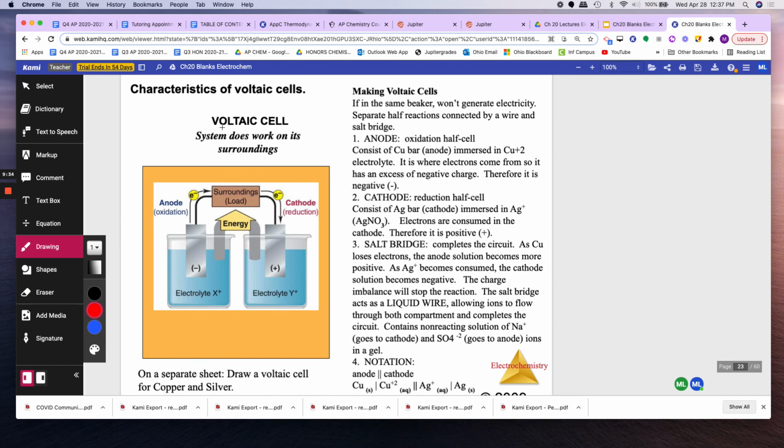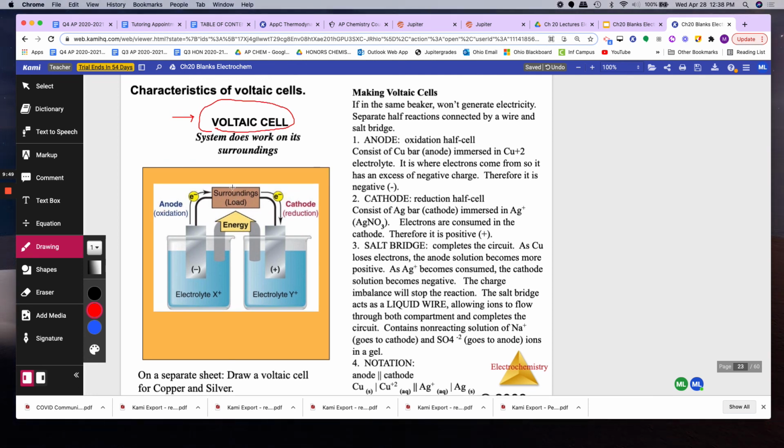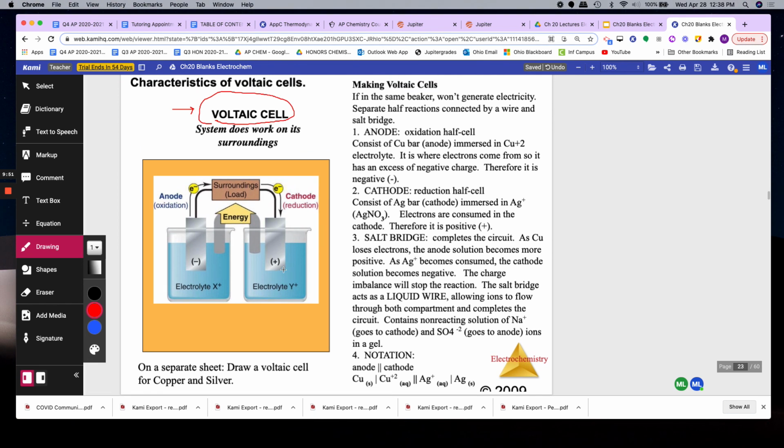Can you tell me what's another name for voltaic cell? You're right, galvanic cell. Tell me, does this give energy or take? Or does it give electricity or take electricity? It will give electricity, okay? And on the next video, I'll show you an example of a voltaic cell.